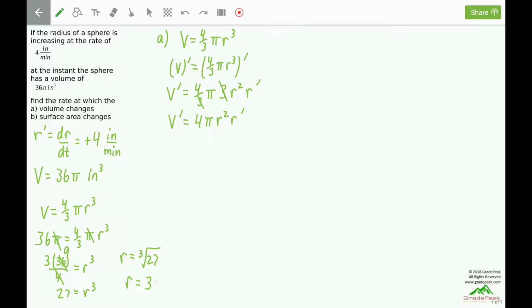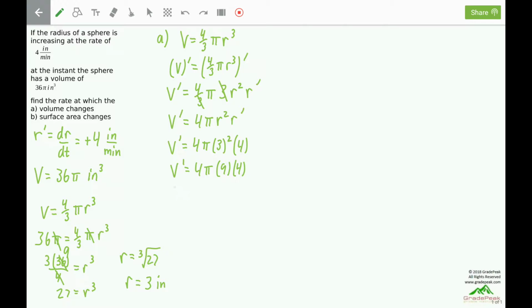Radius will be measured in units of length, and in this problem our length is in inches. So the radius is 3 inches. We now have the radius, and that can plug in up here. So v prime will equal 4 pi times 3 squared times the r prime given to us, which was a positive 4. And v prime will equal 4 pi times 3 squared, which is a 9, times a 4.